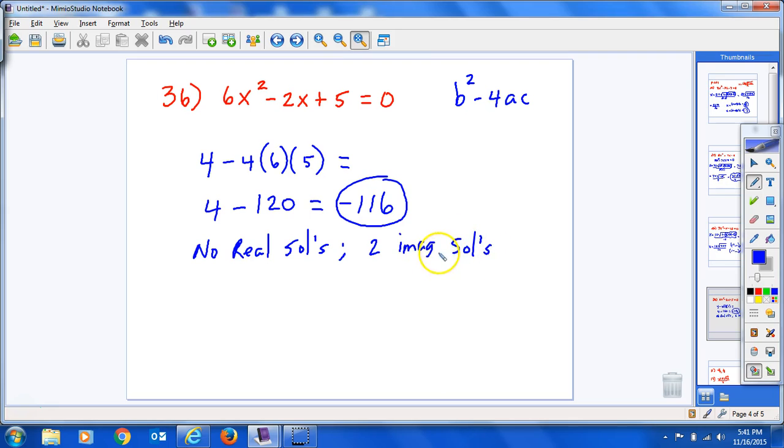And what that means for us in terms of the graph is the graph does not cross the x-axis at all. And that's the way you should word the explanation or the interpretation of the discriminant.